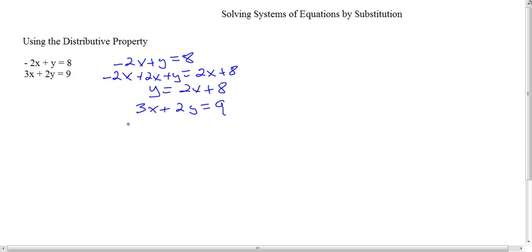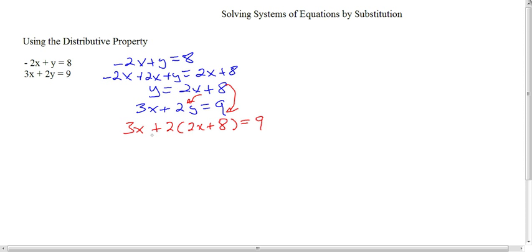So here that would give us 3x plus 2 times 2x plus 8, and that's going to equal 9. So you notice what I did. I took this expression and substituted that expression for y.